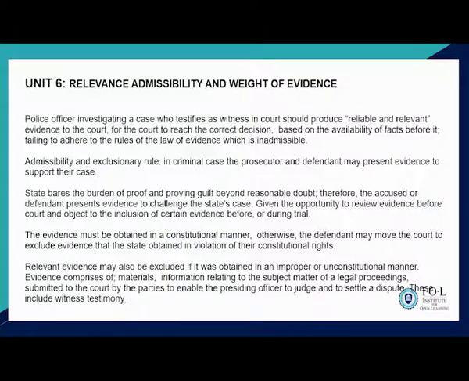Relevant evidence may also be excluded if it was obtained in an improper or unconstitutional manner. Evidence comprises materials and information relating to the subject matter of the legal proceedings, submitted to the court by the parties to enable the presiding officer to judge and to settle a dispute. This includes witness testimony.